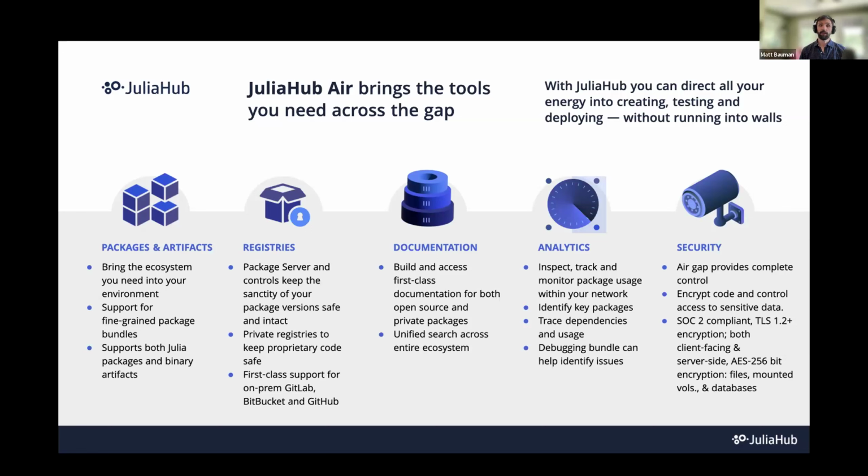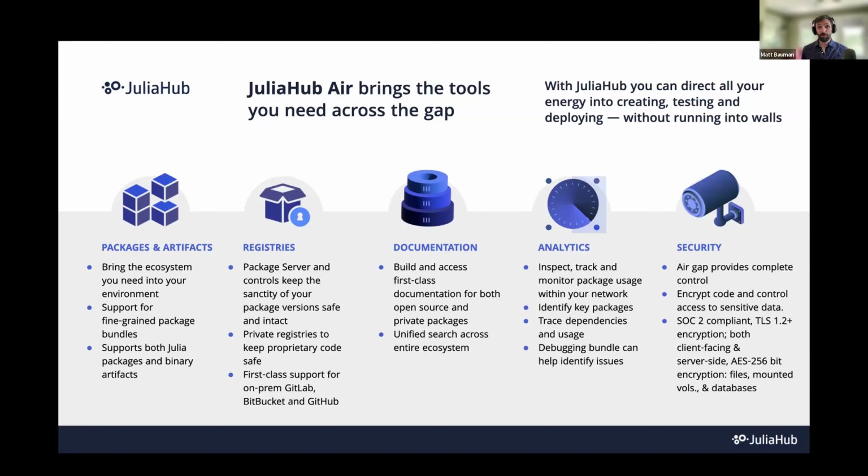So the ability to connect in a registry with first-class support for on-prem GitLab, Bitbucket, or GitHub, as well as other bare Git servers, allows you to know exactly where your code is, and JuliaHub then becomes the source of truth for the entire ecosystem, both inner source and open source.